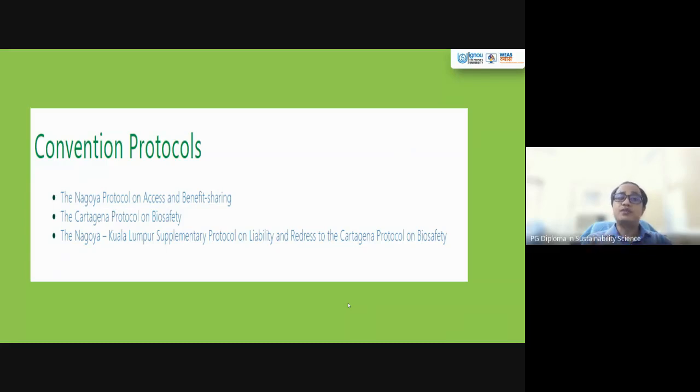So that's why the concept of access and benefit sharing came, and that was a major focus of the Nagoya Protocol, and then the Cartagena Protocol, whose major focus was on biosafety. These are some of the protocols related to conservation of biodiversity.